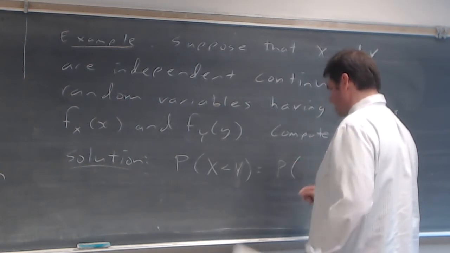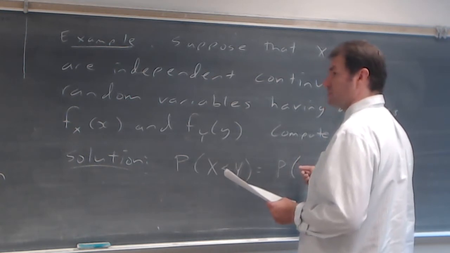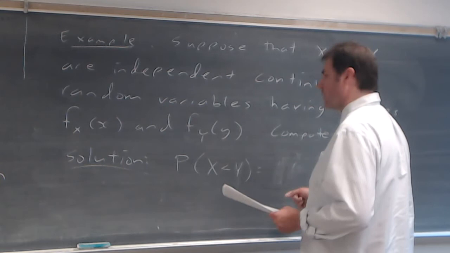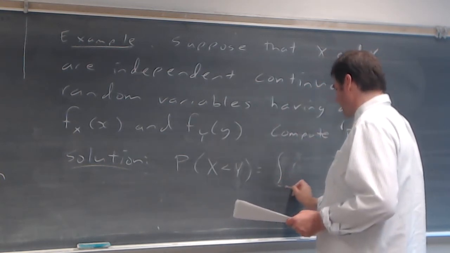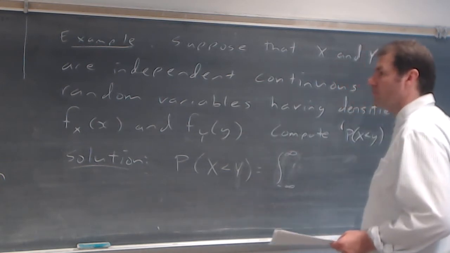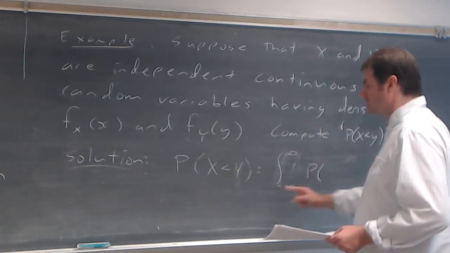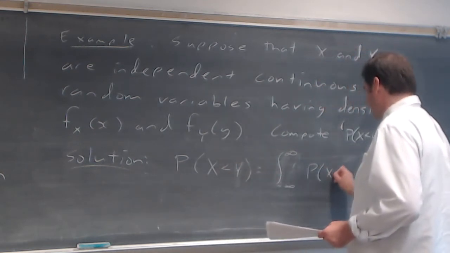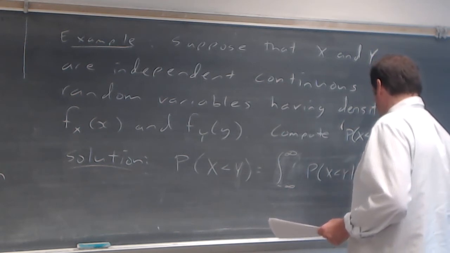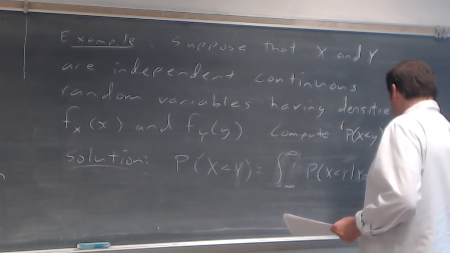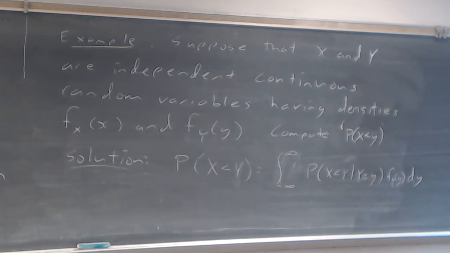As we had just worked, we're talking about continuous random variables, so it's going to be the integral from minus infinity to infinity of the probability, so we're thinking of this as E1, that X is less than Y, given Y equals little y, times f sub Y of y dy. And that's from the previous fact we have this result.